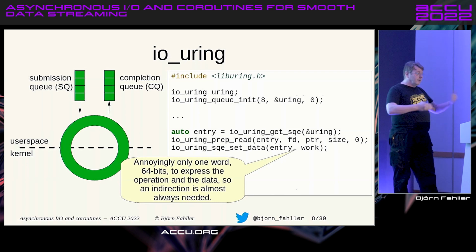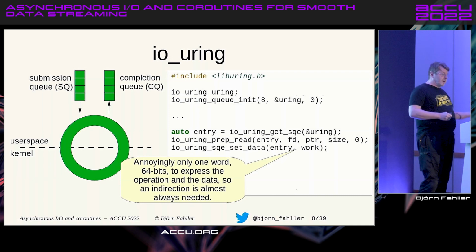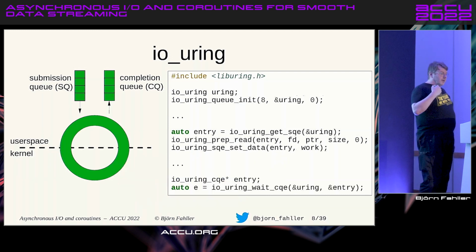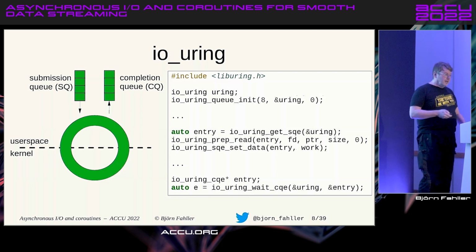You may need to do some indirection to model your data, because you cannot associate both a function and an object in 64 bits alone, but it's not a big deal. And then when you're waiting for data, you wait for a completion queue entry on the ring.